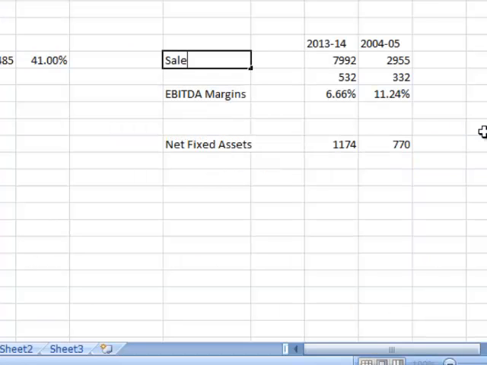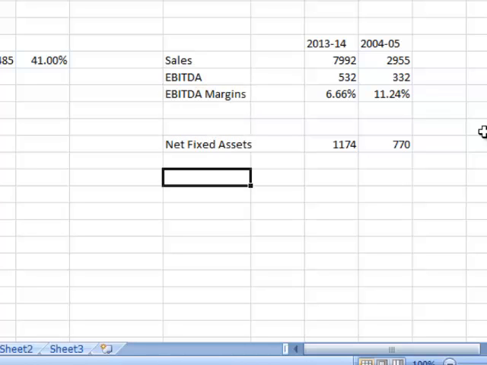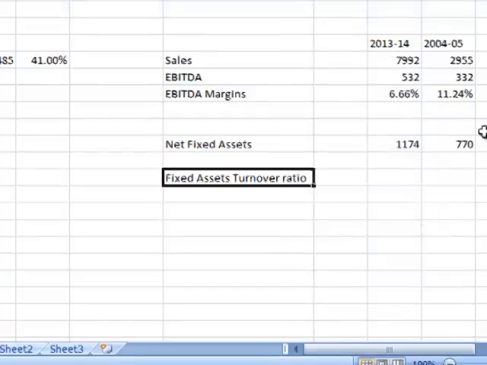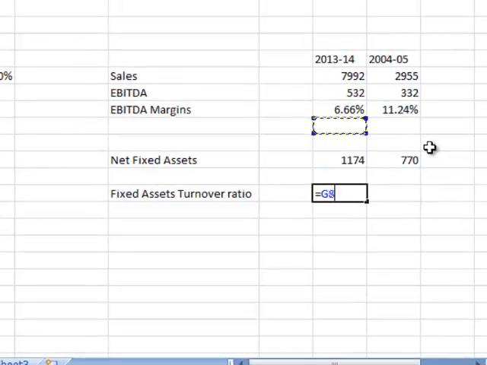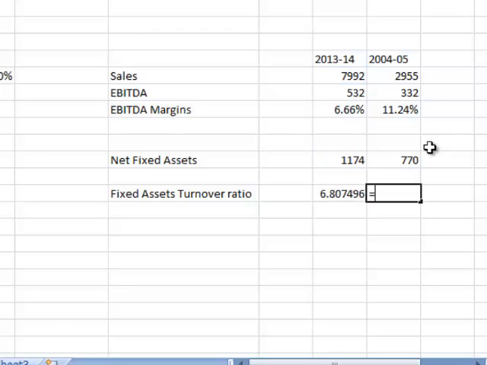We also have revenue. This is sales and this is EBITDA. We can calculate a number called the fixed asset turnover ratio. How do we calculate that? Sales divided by fixed assets. So earlier that ratio was 3.83 and now the ratio is 6.80. What does it tell us?